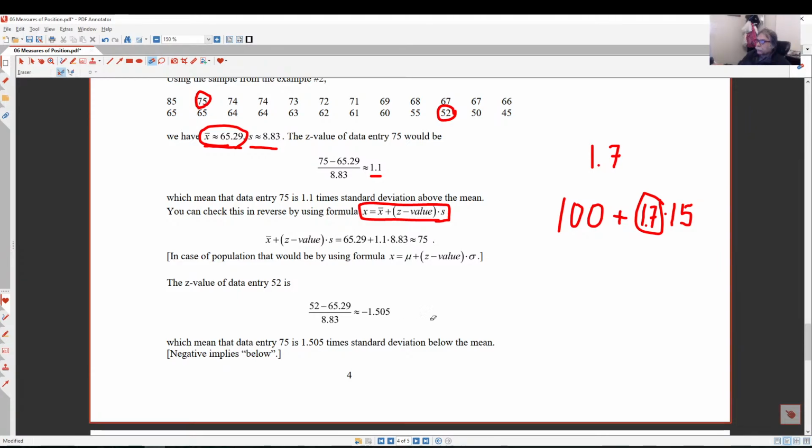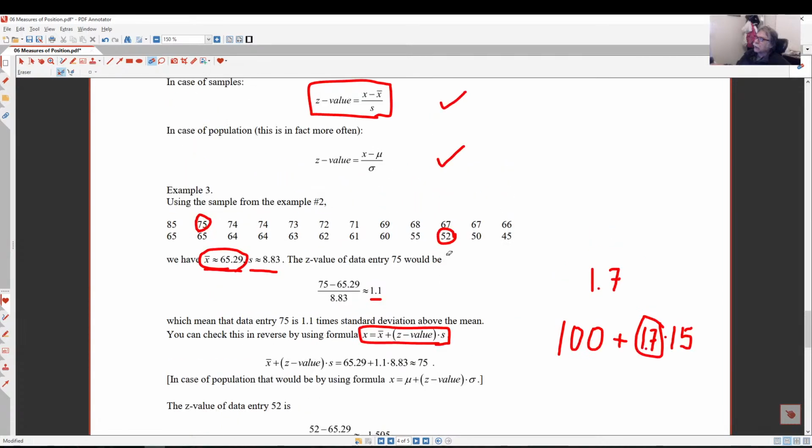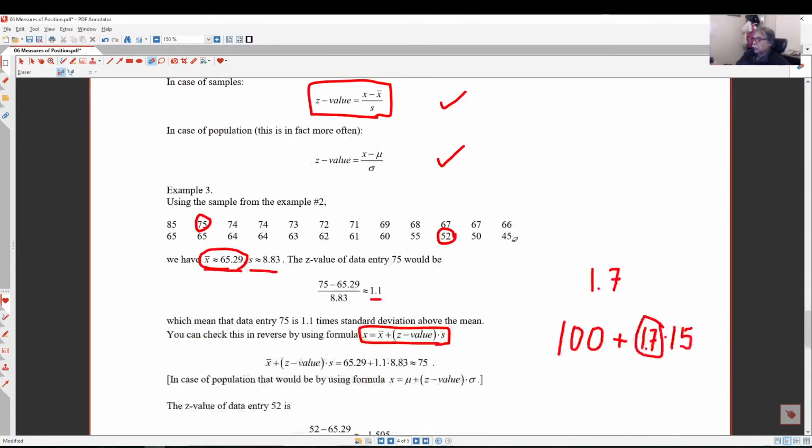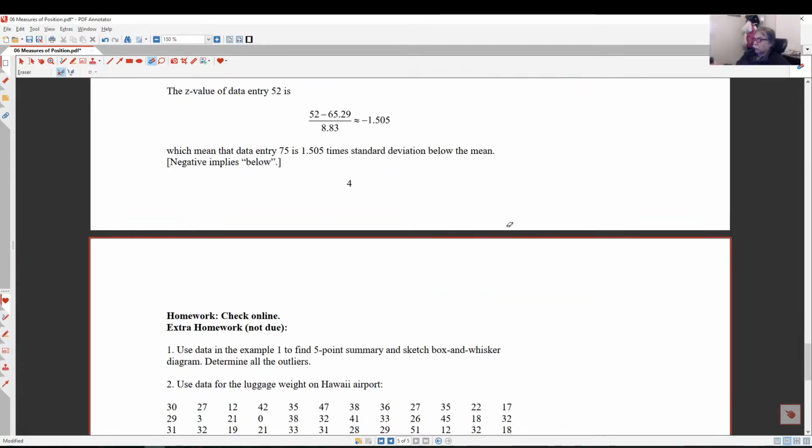So the student whose height is 52 inches is below the mean of the sample, approximately 1.5 standard deviations below. That's the meaning of z-score, z-value. Again, another measure of position, and this measure of position is something we're going to use further on.